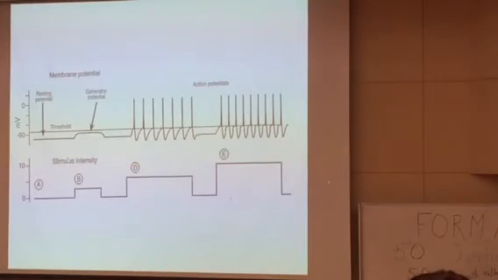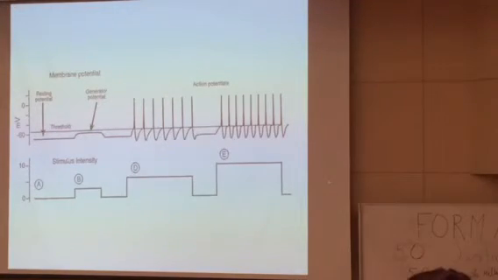Now, the intensity of the stimulus is encoded for several reasons. If we look at the responsive receptor, what we see is that if you give a weak stimulus, the receptor potential is sub-threshold.